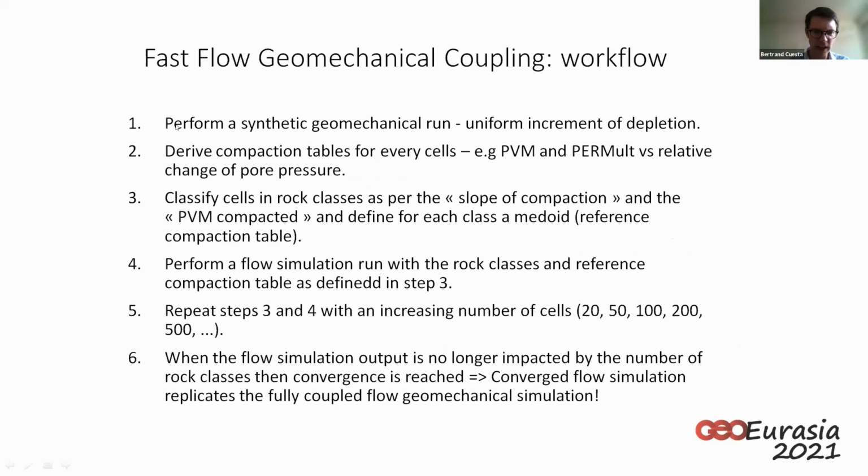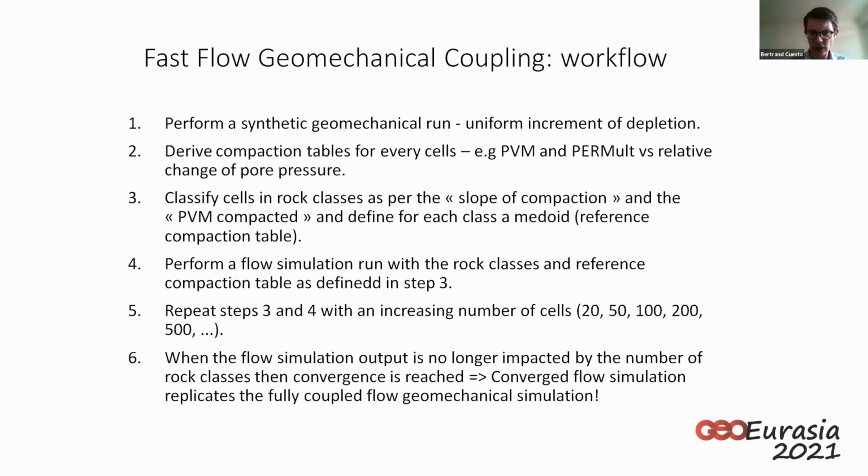Once we have this geomechanical run, which may be the most time-consuming part of this workflow, then we can derive for every cell the rock compaction table, which is in fact a table which gives the pore volume multiplier and the permeability multiplier versus the relative change of pore pressure. And then in step 3, we can classify all those cells in rock classes. We use the two metrics that we have seen before.